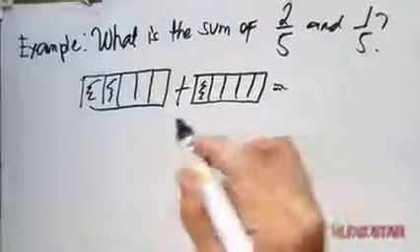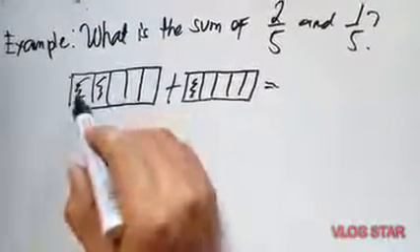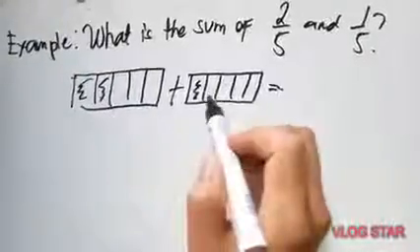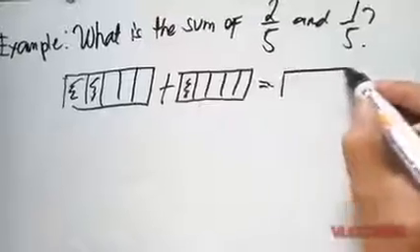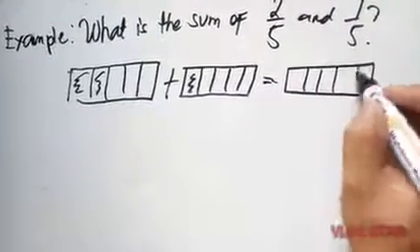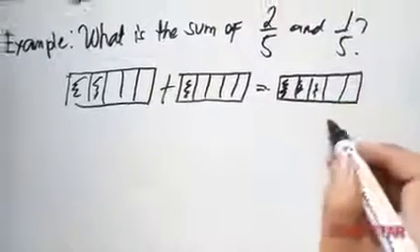After you draw it using bars, you can count the number of shaded parts of each fraction. 1, 2, 3. Then shade the three parts.